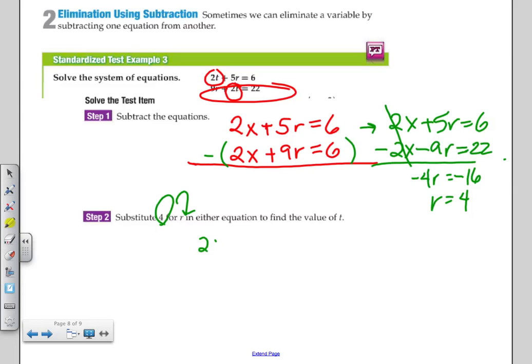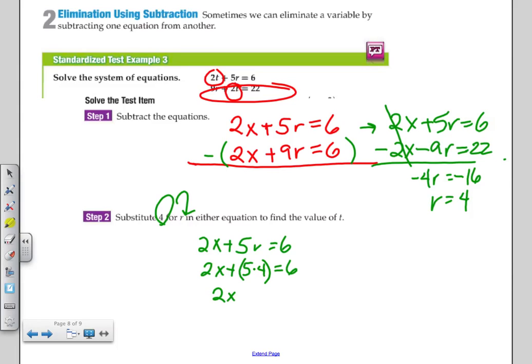So 2x plus 5r equals 6. I'll put the 4 in for the r, so it'll be 2x plus 5 times 4 equals 6, so that'll be 20.